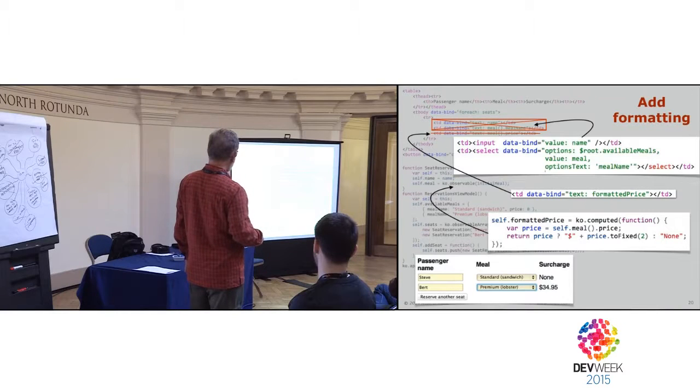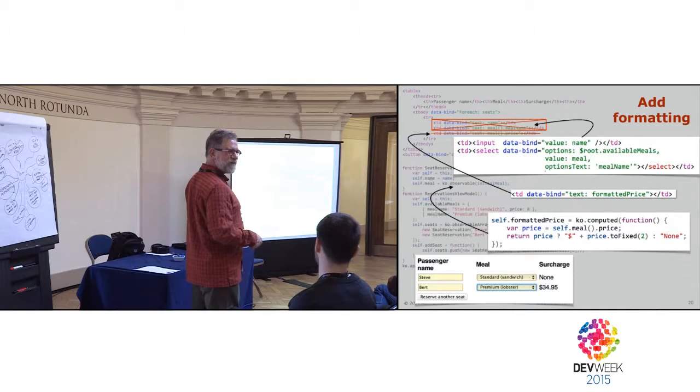So the contents of this column now is going to be generated dynamically in the code by calling this formatted price method. Everyone see what I'm doing? This is a text binding, which is bind a formatted price, which is a computed function.